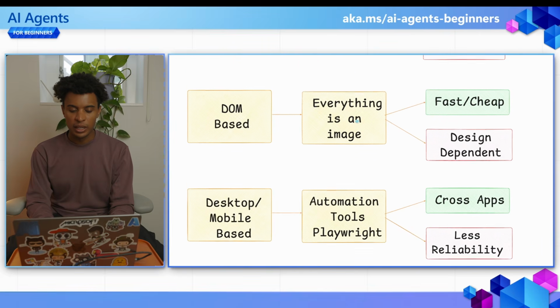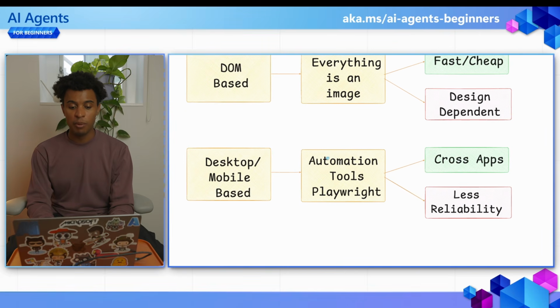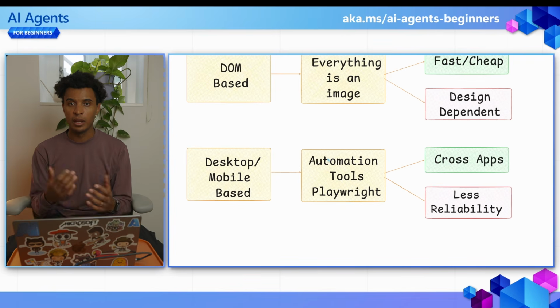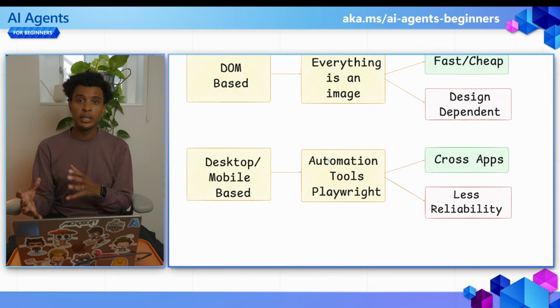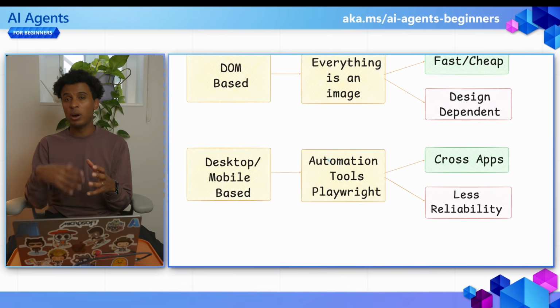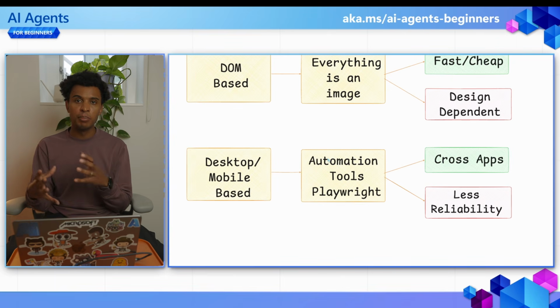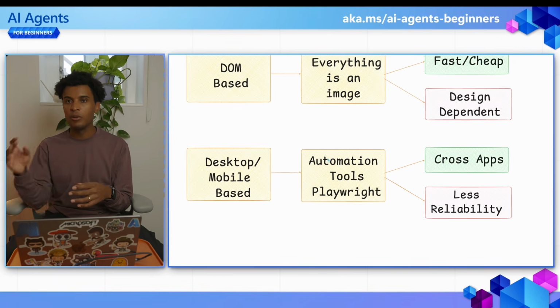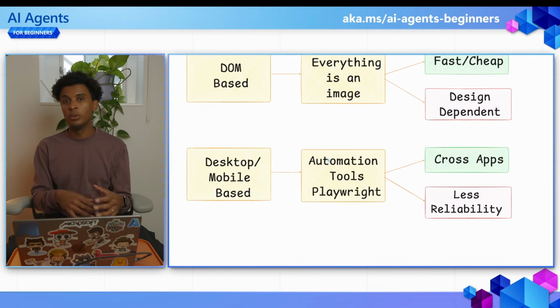And the last one is the desktop or mobile based computer use agent. These are really great because they use a lot of the proven, tried and tested automation tools that have been part of the development cycle for many years, particularly things like Playwright, to take screenshots but also automate what buttons to click and how the flows go, and this can even work across different types of applications.